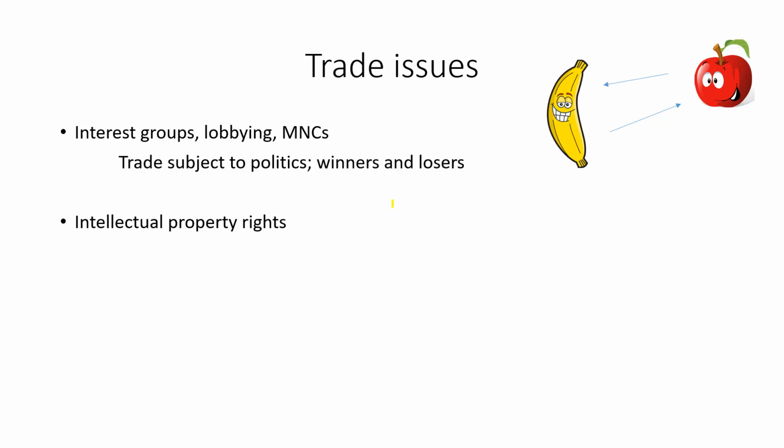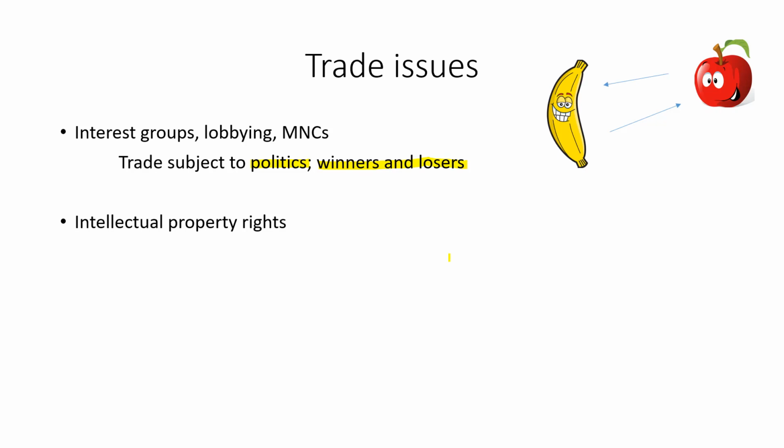So trade is subject to politics. There are winners and losers. That's why it has been delegated to the president's office to handle, because for congressmen it's kind of a hot potato, with re-elections to deal with.